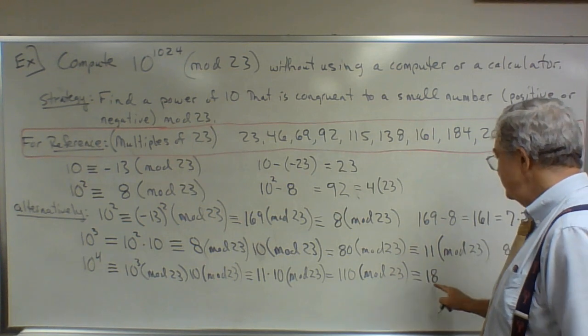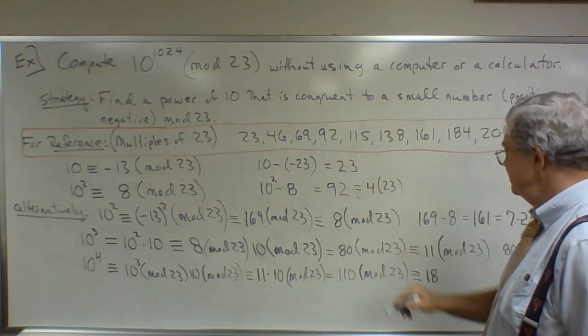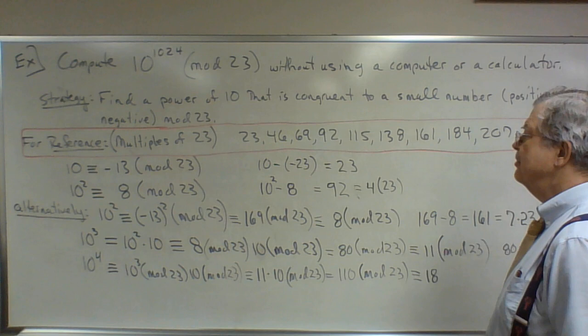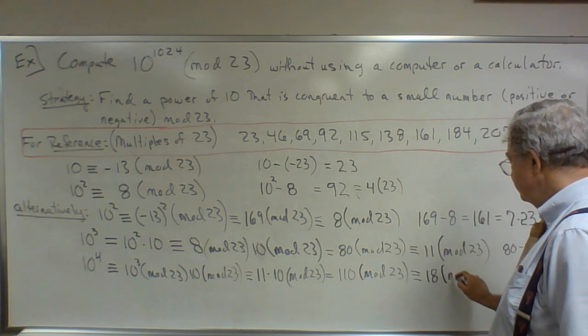So 110 minus 18 is 92, which is a whole number multiple of 23.